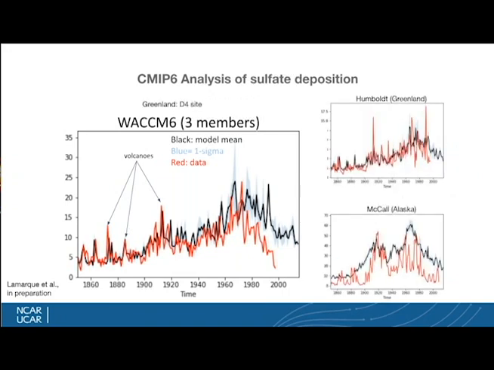And then, compared to what I did in my 2010 paper, I now have access to a lot more sites. These are now Humboldt and McCall, which is in Alaska. And so I can actually start looking not just at the long distance, but also much more at not quite local sources, but much more regional sources at least.